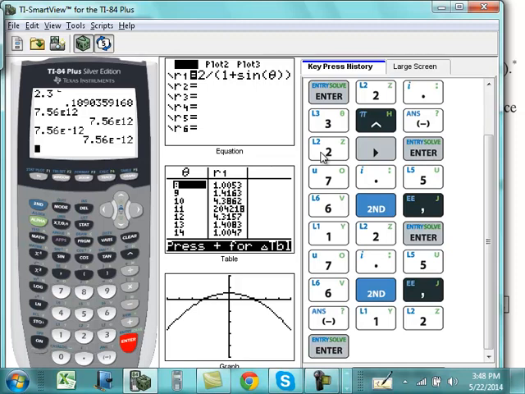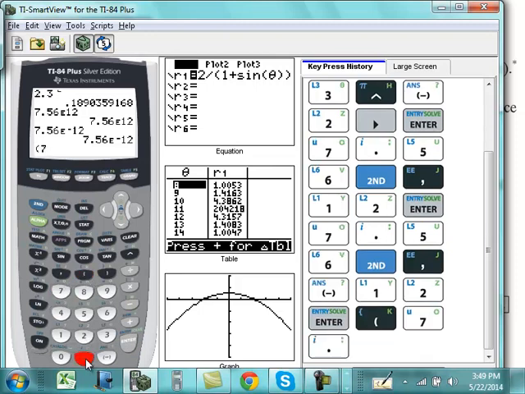Now, if you are doing operations with numbers written in scientific notation, then you need to make sure that you use parentheses. So if you wanted to take this number 7.56 times 10 to the negative 12th power times some other number, then just put the whole thing in parentheses.